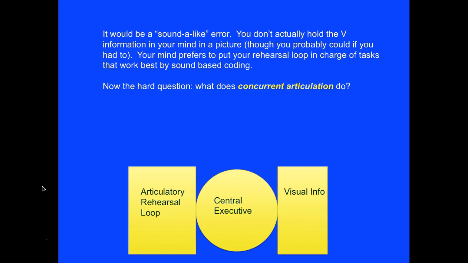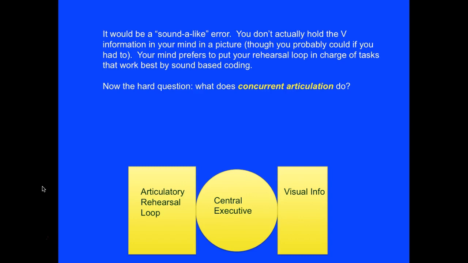So we show a word length effect because it is easier to rehearse a list of short words as compared to a list of long words. So the short words literally get more rehearsal. They get more repetition. They get more attention to each word.